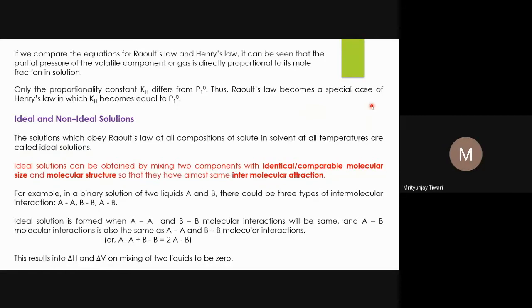Then the question that comes is, what is the reason behind the ideal behavior of certain solutions? In reality, if someone asks you whether a really ideal solution exists, the answer is no. No solution can be ideal in reality. However, certain solutions behave near ideal, as we have seen in the case of gases as well.